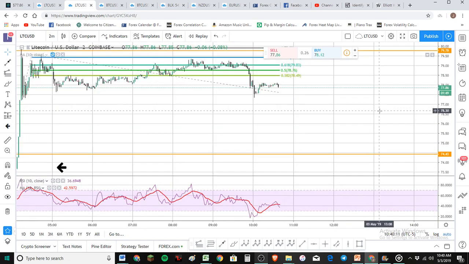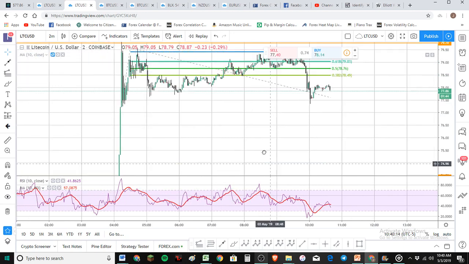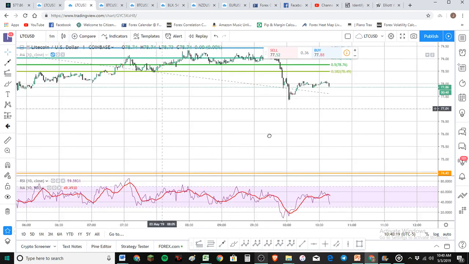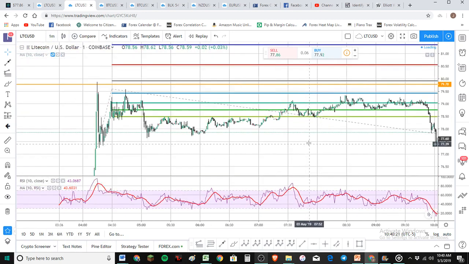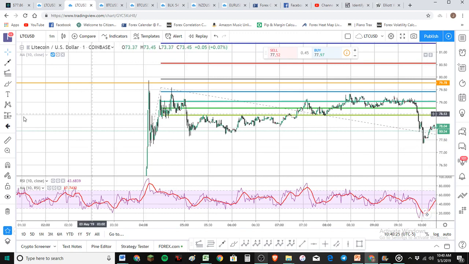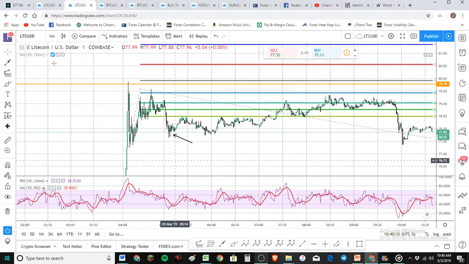And so what we have going on here, you might even need to see it in the 1 minute chart. I took a trade this morning in this Litecoin, expecting one more bounce higher. A couple of reasons for it, but basically I entered the trade right here. The reason I entered that trade was we had 5 waves right here, 1, 2, 3, 4, 5.